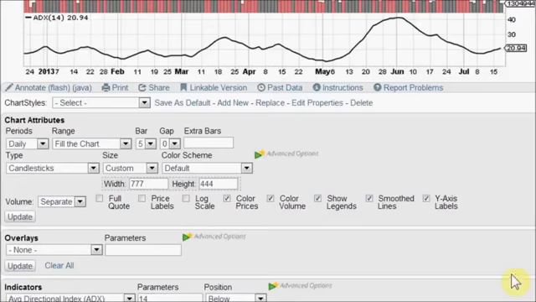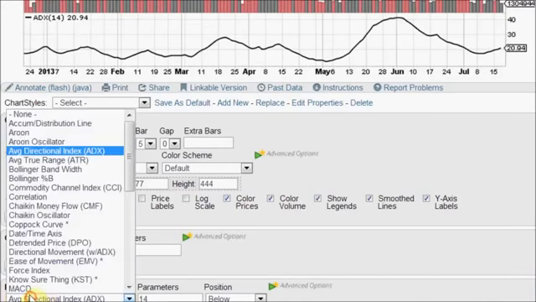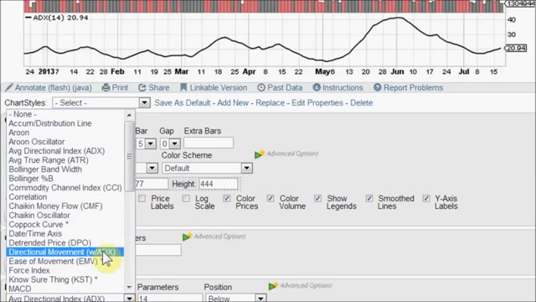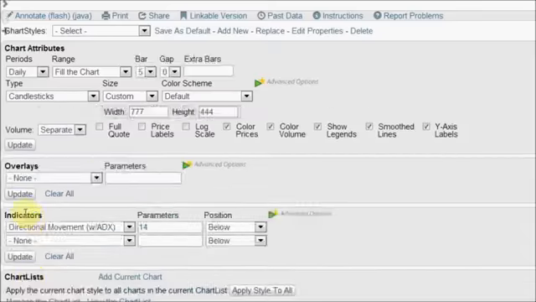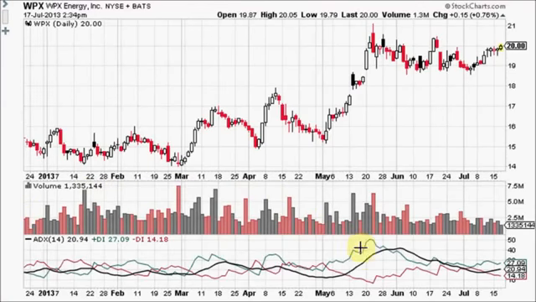But let's go back and load the full ADX here, which is called the W/ADX directional movement. This will include the green and red line. The green line is the DI plus right here. The red line is the DI minus right there.